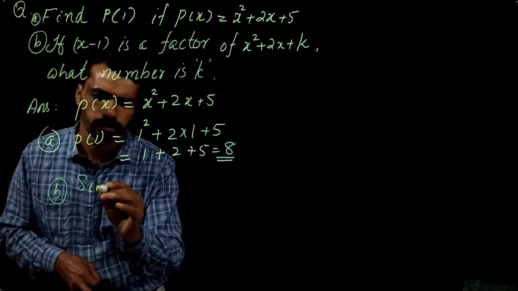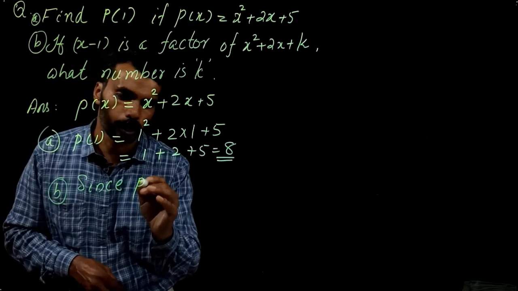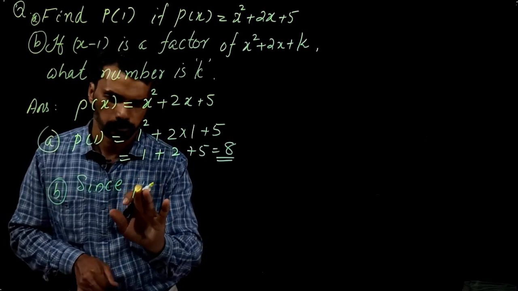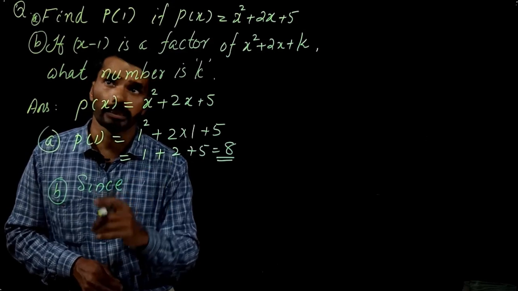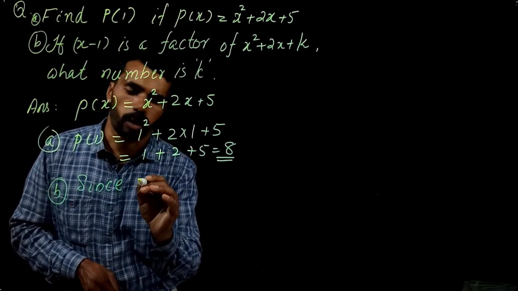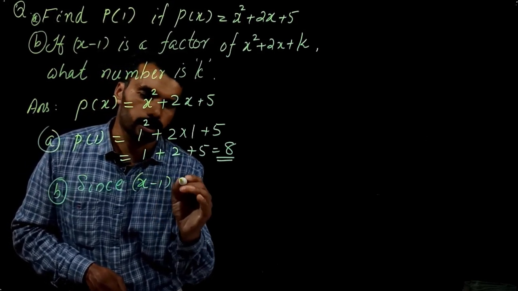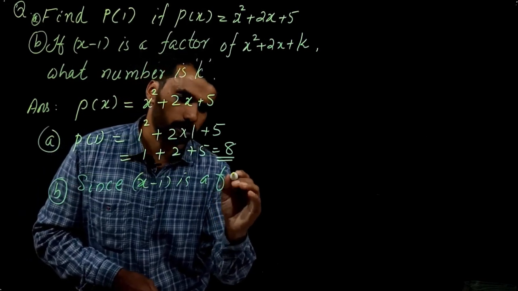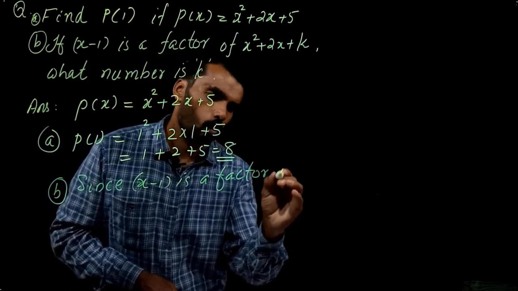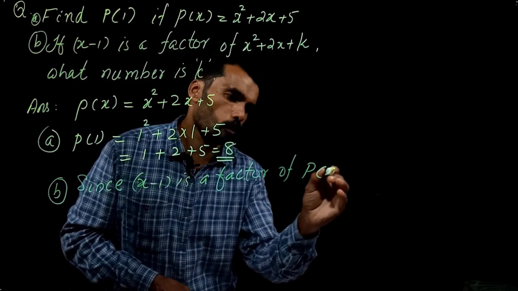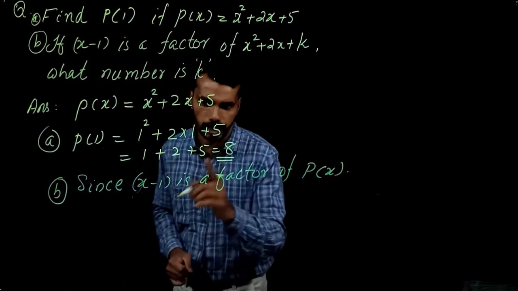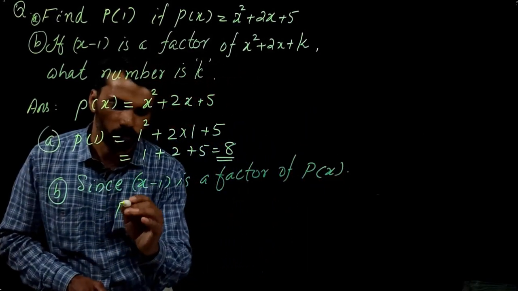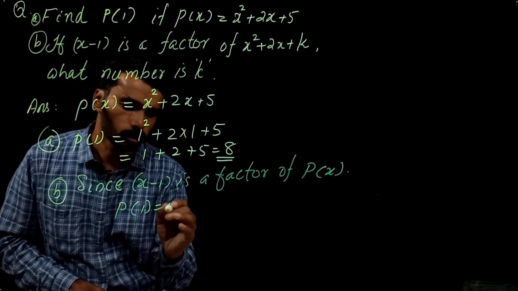Since നമുക്ക് തന്നിട്ടുണ്ട്, since x minus 1 is a factor of p of x, then we have p of 1 is equal to 0.